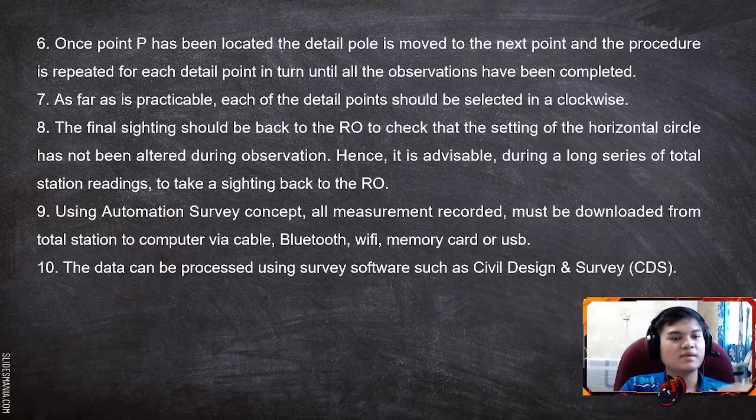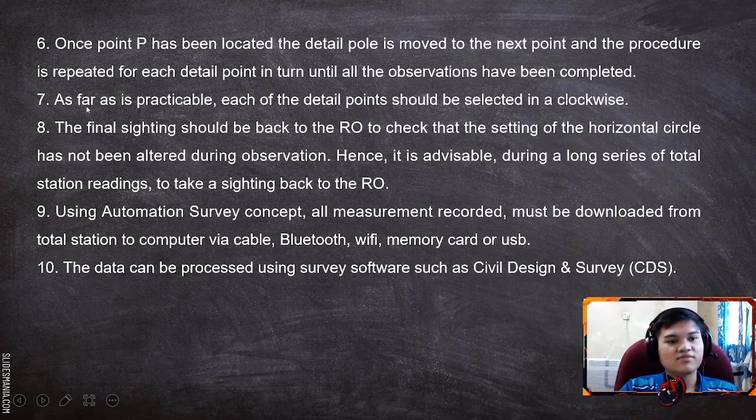And next step is once point P has been located, the detail pole is moved to the next point and the procedure is repeated for each detail point in turn until all observations have been completed.